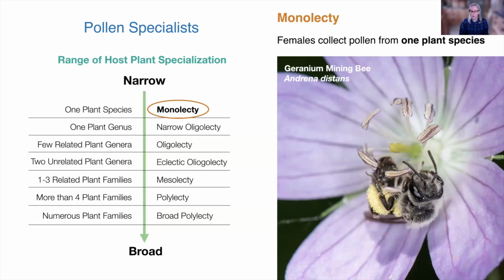She also occurs further east and further south of Minnesota, and so she may in those regions be a narrow oligolectic because more than one geranium species may be her host plant. But for an example here where I live in Minnesota, this would be a monolectic species. All right, so that's how we categorize these different specialists.